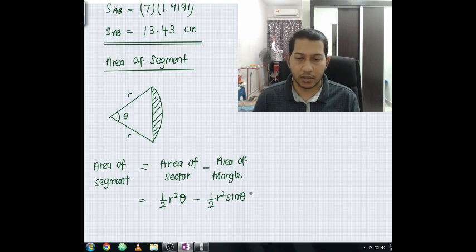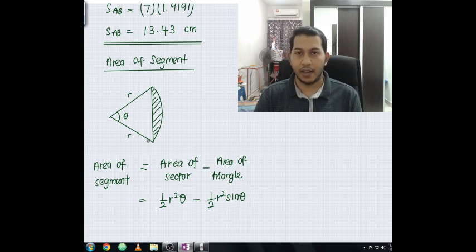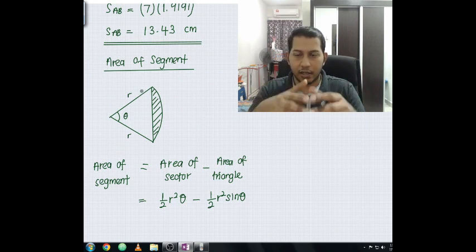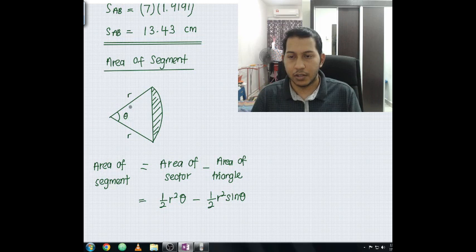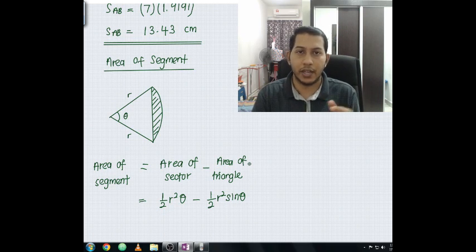So this concept you learn during your form 4 solution of triangle, guys. In that chapter you will learn how to find the area of triangle. Let's say you have two consecutive lengths, and you have an angle, so you can use these two information to find the area of triangle. I hope you recall back the concept you learned during the form 4 solution of triangle.